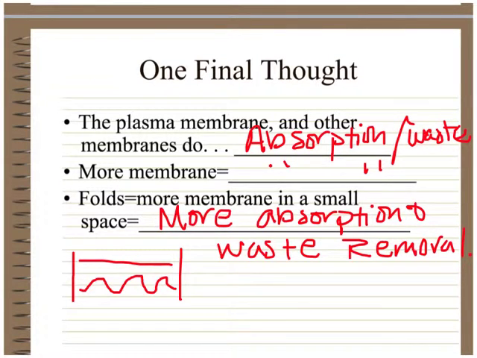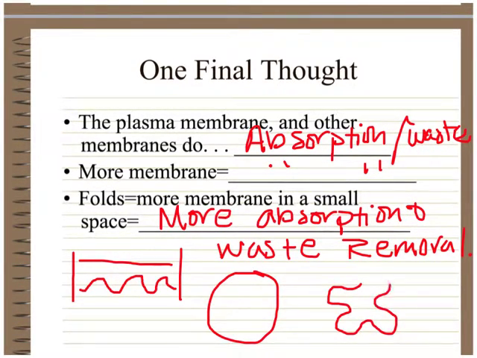The reason this is important is there will be times where you could have a question on the EOC that says, which of these pictures would look the most like the inside of your intestine? And it would give you something like this, right? Well, if you remember that the intestines are for waste removal and absorption, they're not going to be smooth.